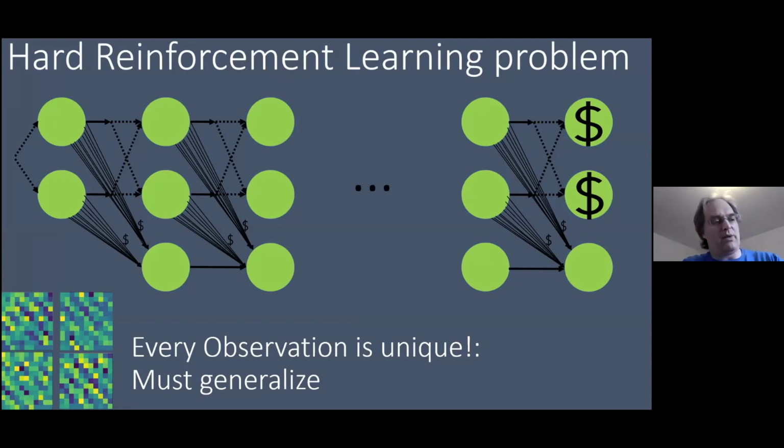So I think we need to be very careful about the word state. It can be used in at least two different ways. One way is to describe your observation in a reinforcement learning setting. And one way is to describe the information required in order to make good decisions.